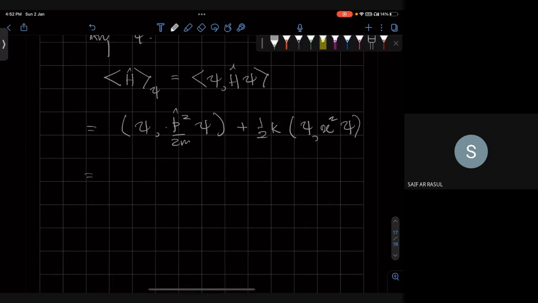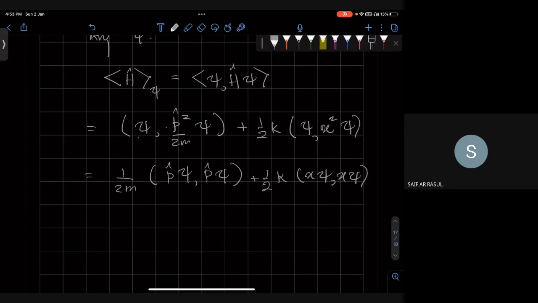We can take one of these operators, p squared, to this side. 1 over 2m is a constant, so there would be a p dagger psi, then p psi, but p is a Hermitian operator, so we can get rid of the dagger. Similarly, x is also a Hermitian operator, so we can write this as x psi, x psi. You can put daggers, hats here if you want. Is it clear what we have done?